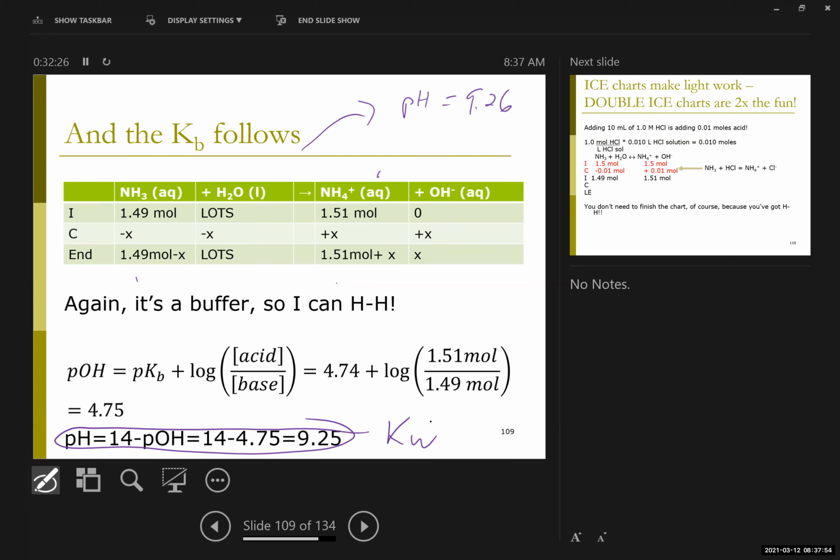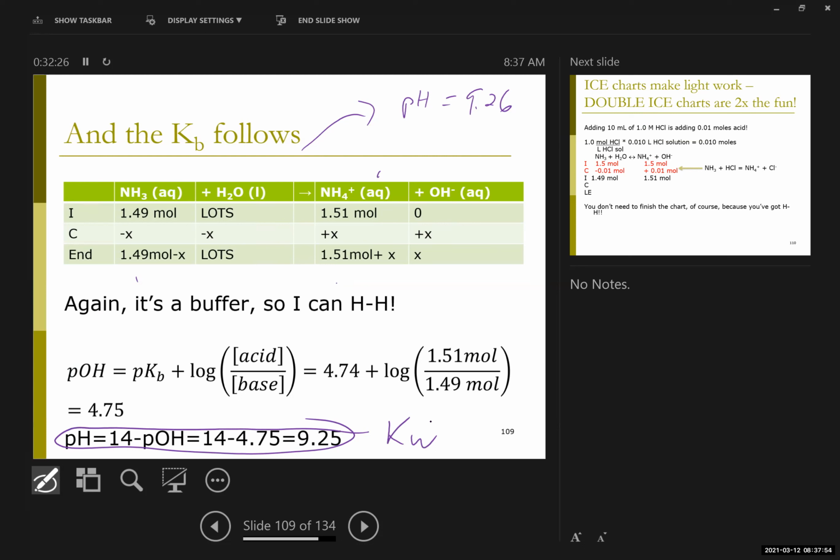So if I decide to add sodium hydroxide instead of HCl, again, sodium hydroxide is what kind of compound? It's a base. And it's also ionic, right?